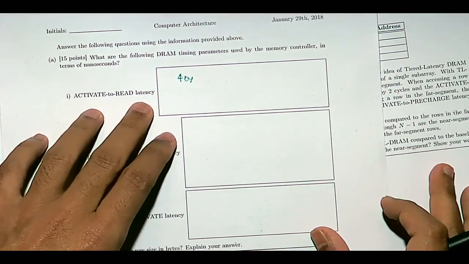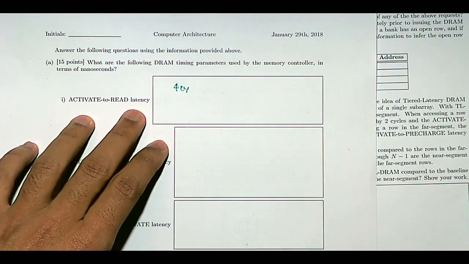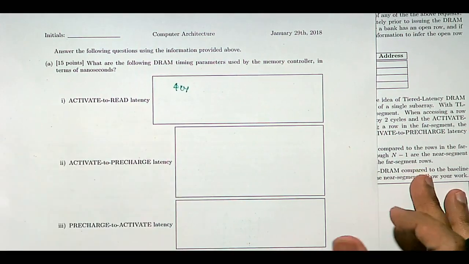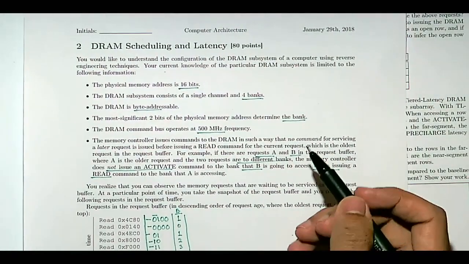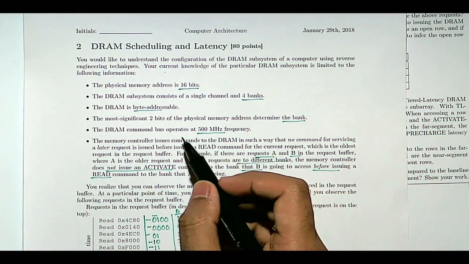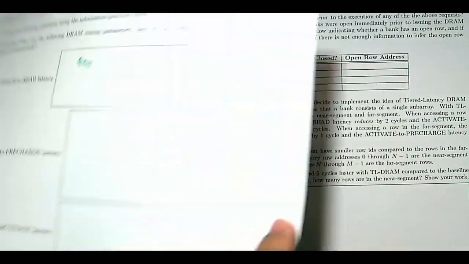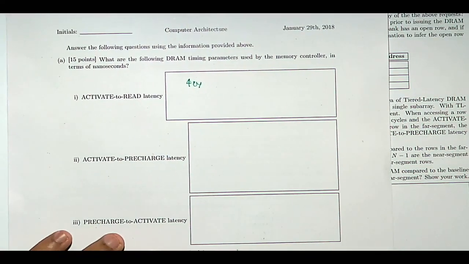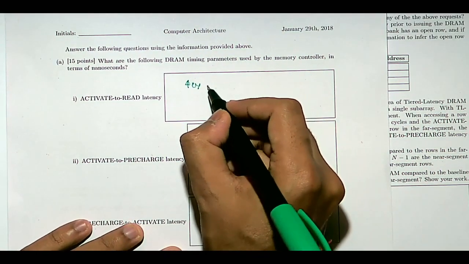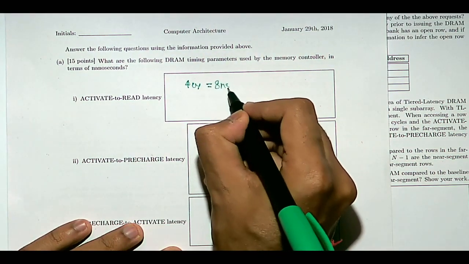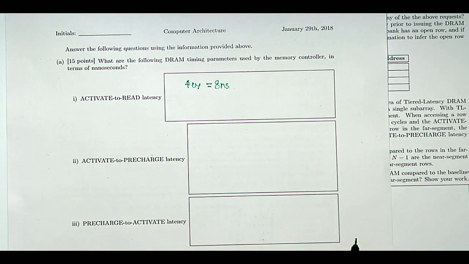Now you need to convert it to seconds. You know that your DRAM command bus operates at 500 megahertz, which means each cycle is 2 nanoseconds. That gives you 8 nanoseconds of activate to read latency. Is it clear?